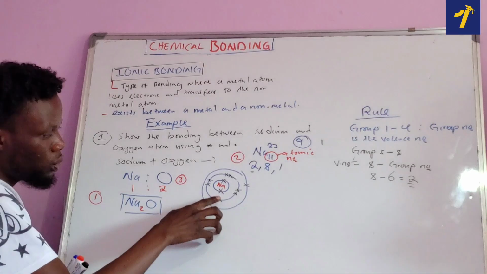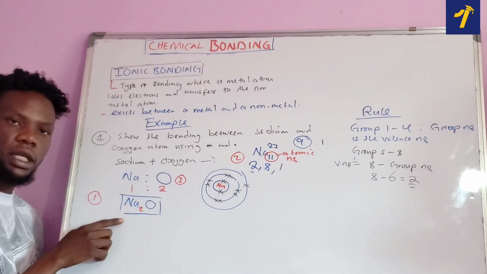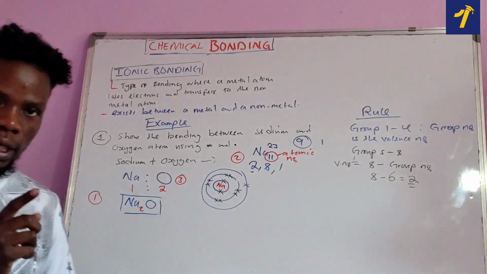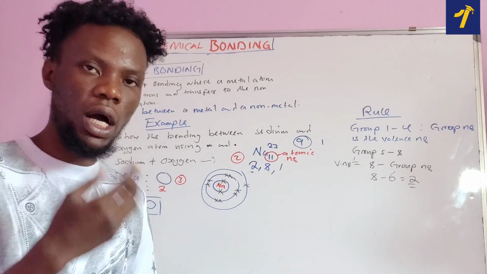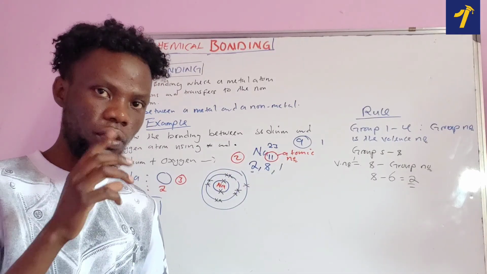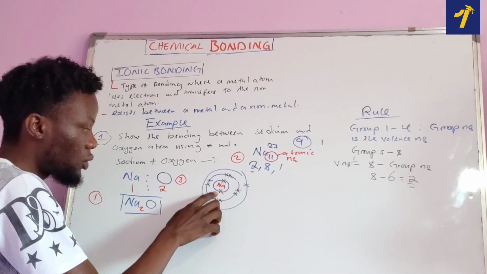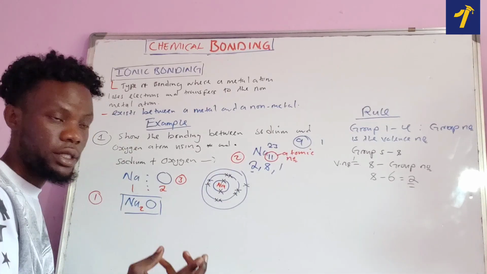Now, you need to ask yourself, how many sodium do we have? If you come to the chemical formula, no wonder the chemical formula is important, because it's going to tell you how many atoms you are going to write for that particular atom. For sodium, it is 2. So that means I'm going to write the sodium atomic structure twice.